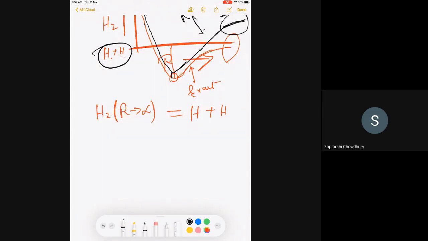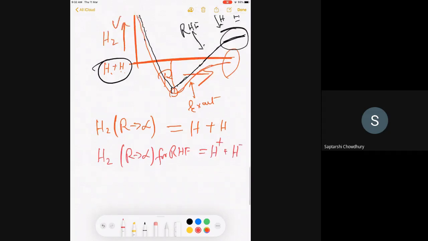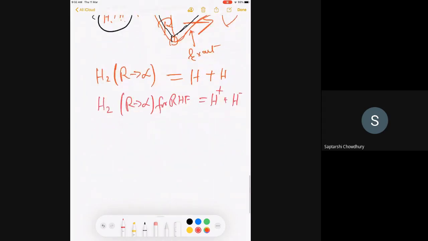For RHF, hydrogen at R tends to infinity actually goes to H plus H minus, and that is higher than H plus H. I hope that all of you understand.